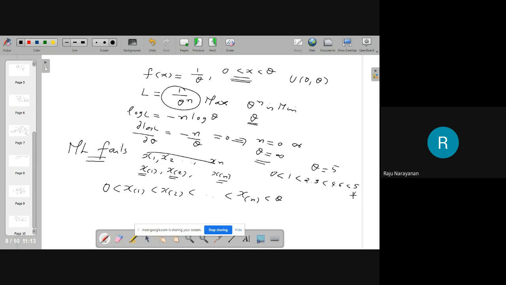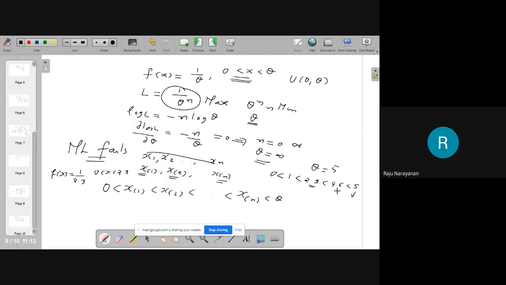0 to theta. This is theta. Suppose you take the value of theta as 2.3. Then what is f of x? f of x is 1 by 2.3 for 0 less than x less than 2.3.